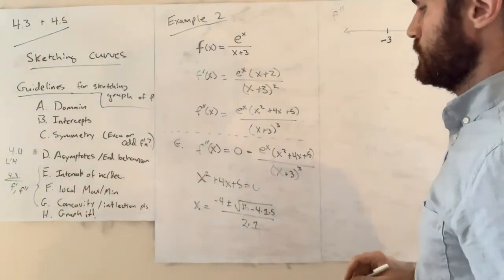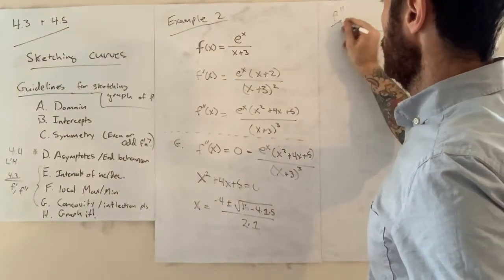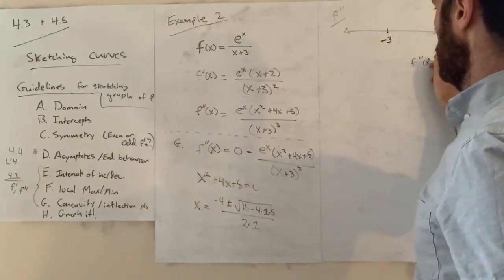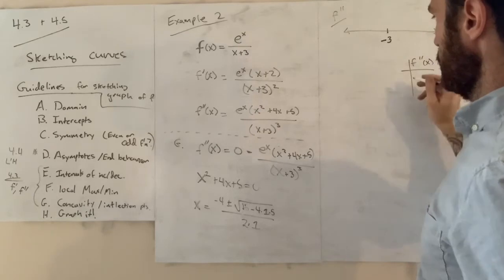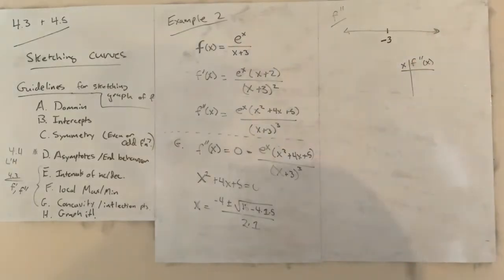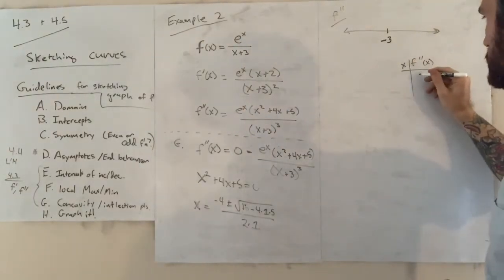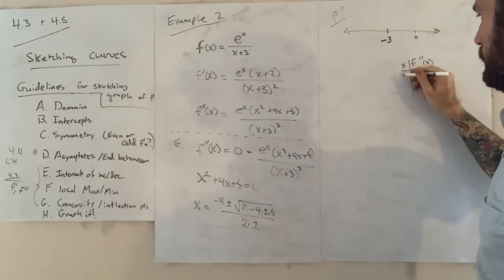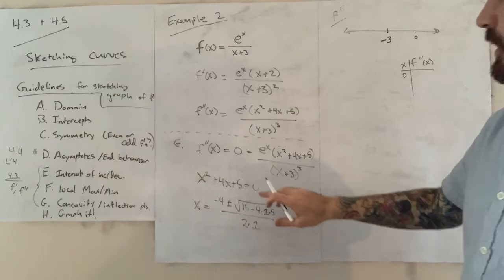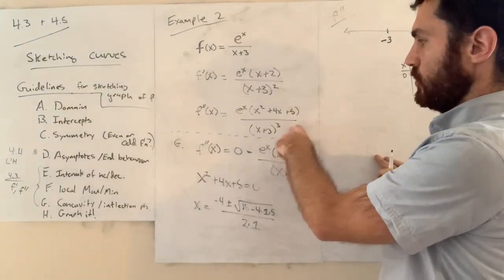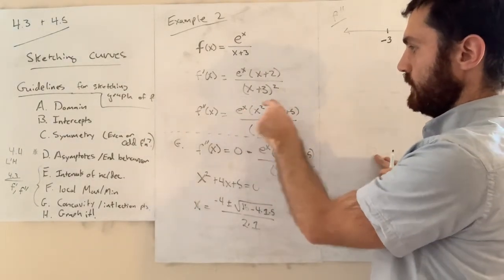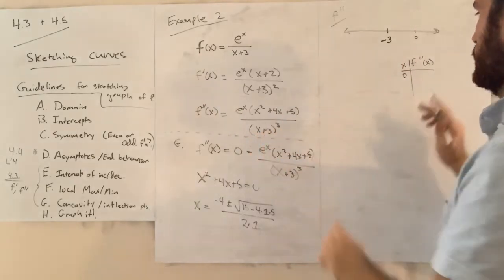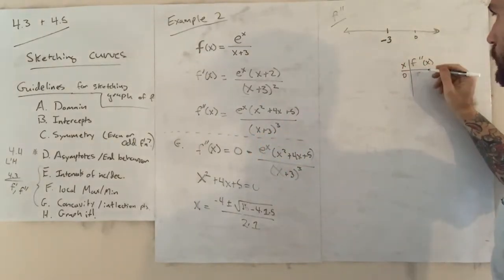Okay, so we look at our function f double prime, pick test points on either side. I'm going to choose a real easy one, 0 for this side. You plug it into f double prime, you're going to get 1 times 5 times 3 squared. That's going to be positive.